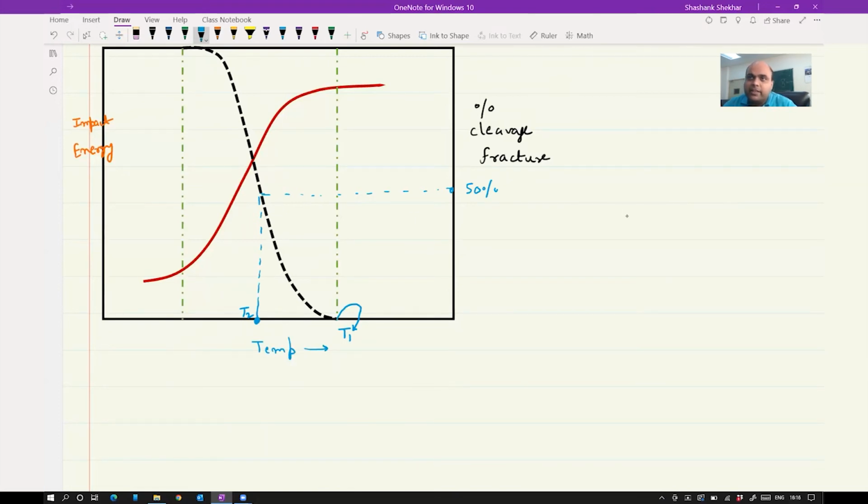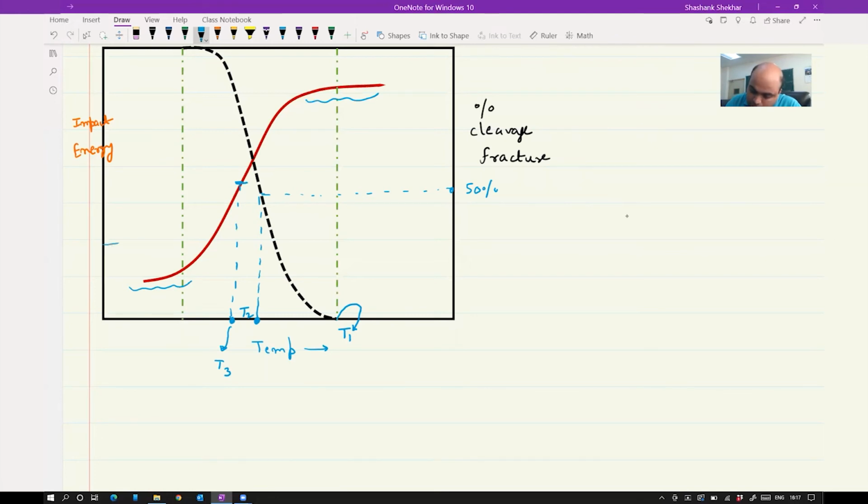Now we have T3, which is the temperature average of the upper shelf and lower shelf. If you see, this is your upper shelf and this one is your lower shelf. Somewhere here you're going to have the average of the upper shelf and lower shelf region. This temperature will be called T3. Now there are two more.